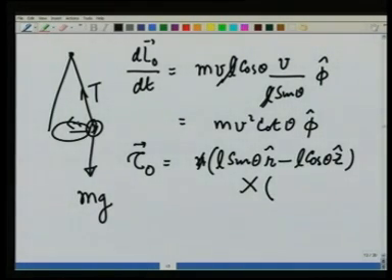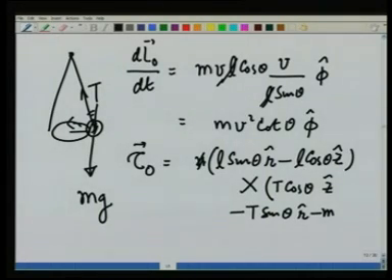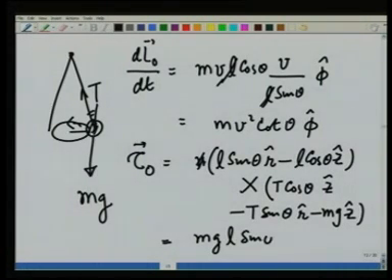Since this angle is theta, tension T has a component T cosine theta in the z direction, minus T sine theta in the r direction, and I have a minus mg in the z direction. You calculate all this and you get r cross z, which gives you minus phi, and therefore you get m g L sine theta in the phi direction, and everything else drops out. You can work this out very easily.